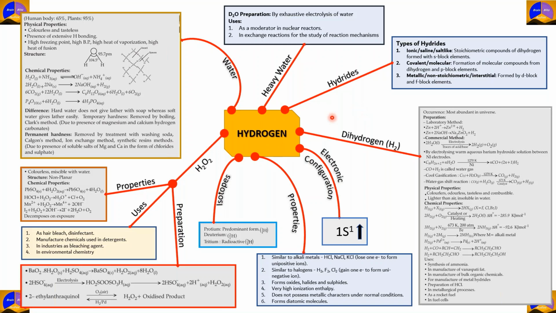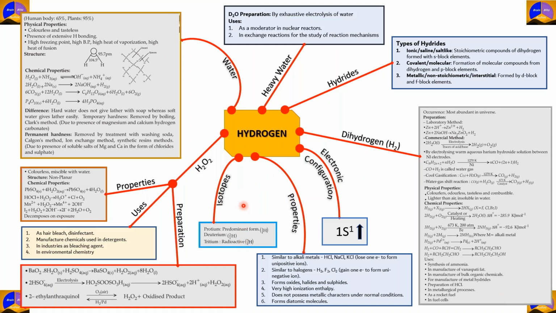So, in the chapter, Hydrogen, we'll first be looking at the electronic configuration of hydrogen. We have some pretty cool facts about hydrogen because of its electronic configuration. We next move on to the properties of hydrogen and the isotopes of hydrogen.